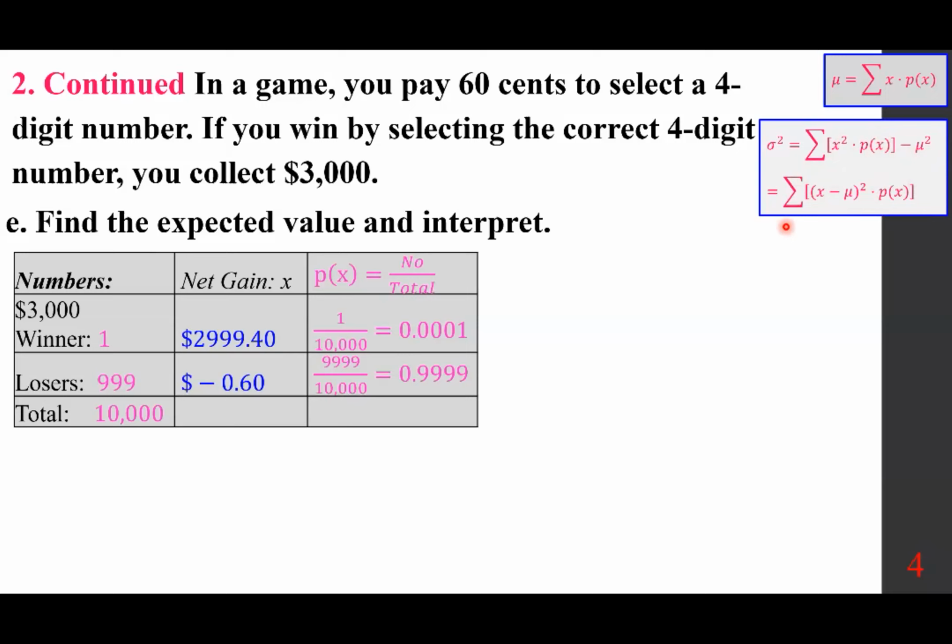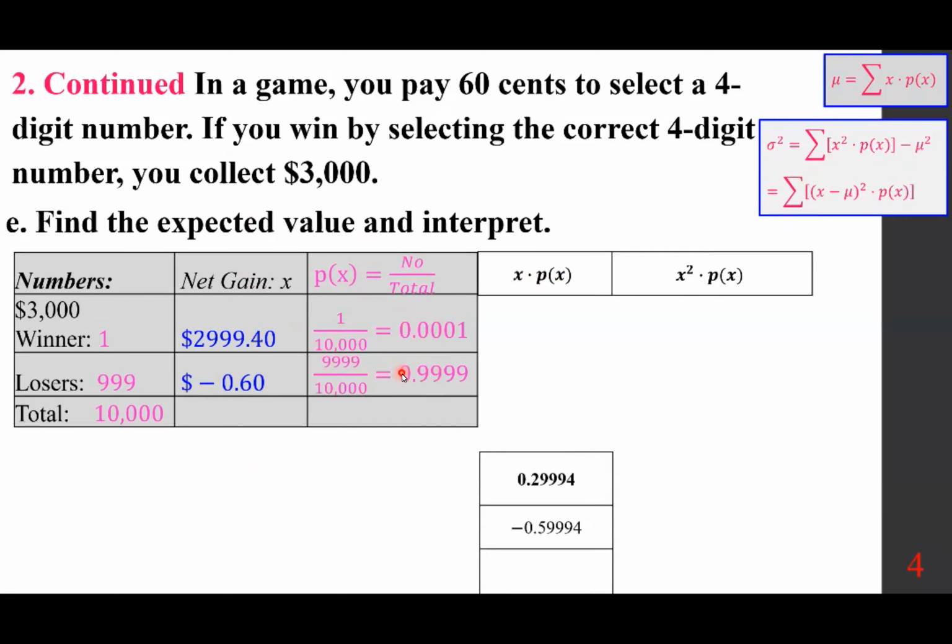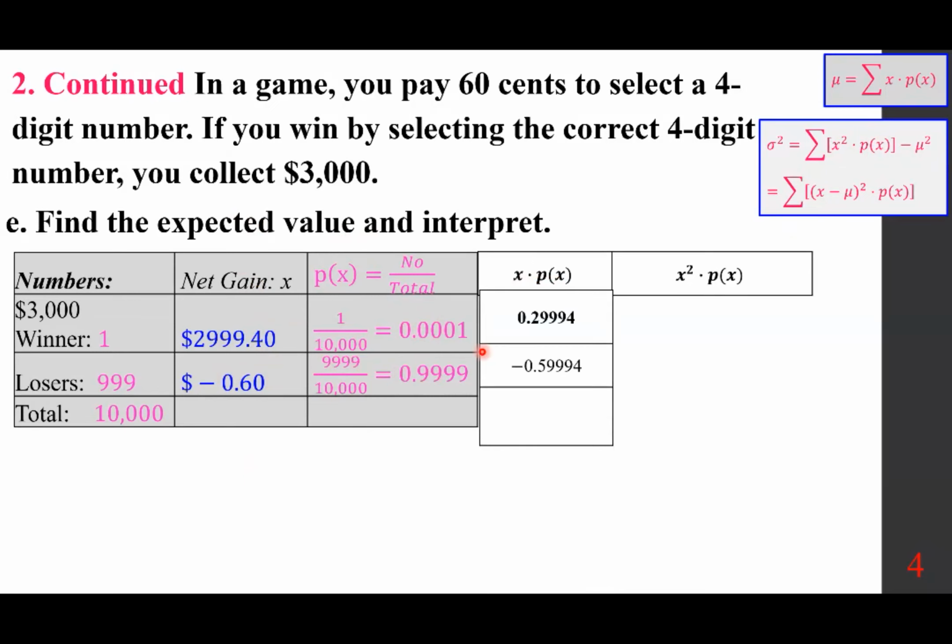So let's make up a couple of columns. The first one, x times p of x. So this is our x column, and this is our p of x column. This means multiply these two numbers and multiply these two numbers. When we multiply these two, we get 0.29994.